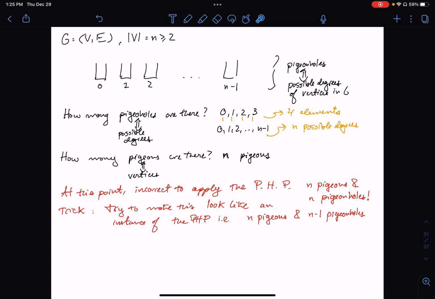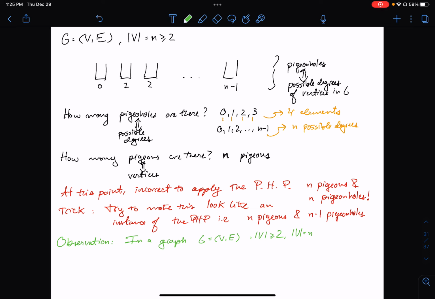Okay? And so how do I do that? Well, I have to make the not so obvious observation that in a graph G, where the vertex set size is greater or equal to 2, and I'm saying that this is equal to n, right?